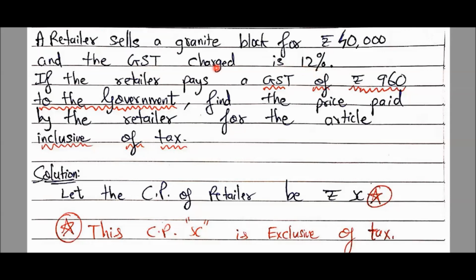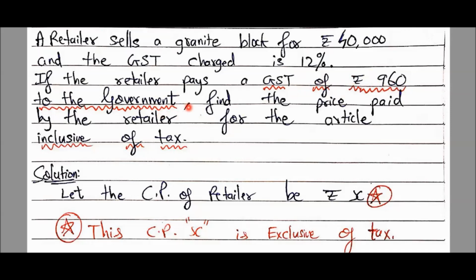If the retailer pays a GST of rupees 960 to the government, here they have mentioned the first time, we are reading such type of statements, that the retailer has paid GST, and how much he paid is given in the question, rupees 960 to the government.